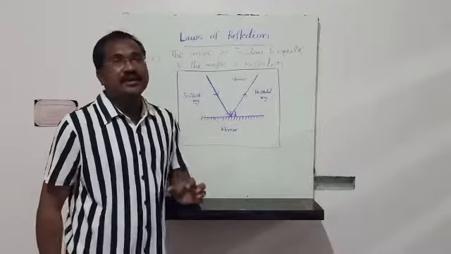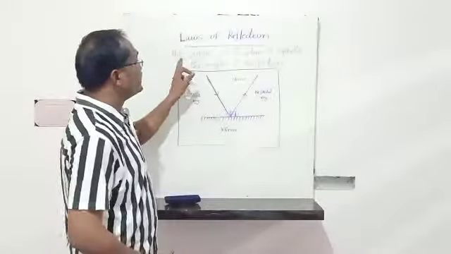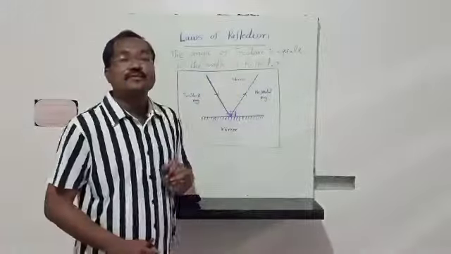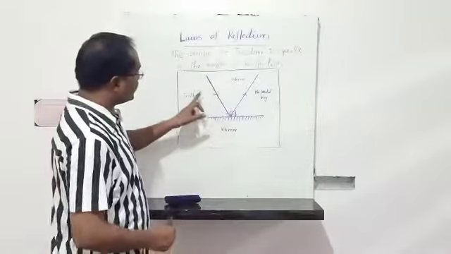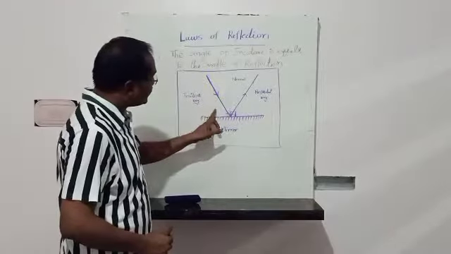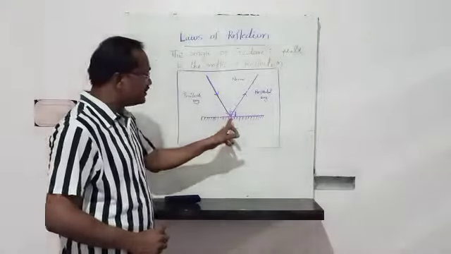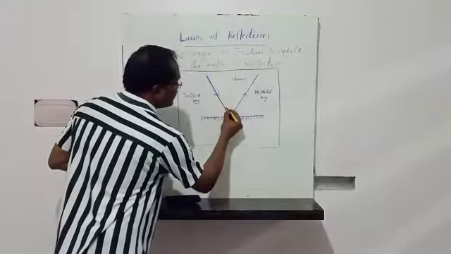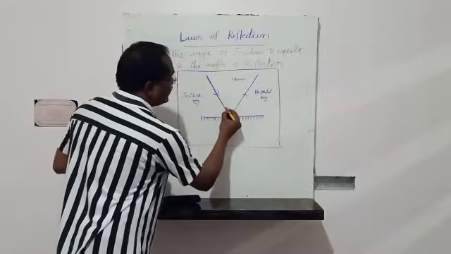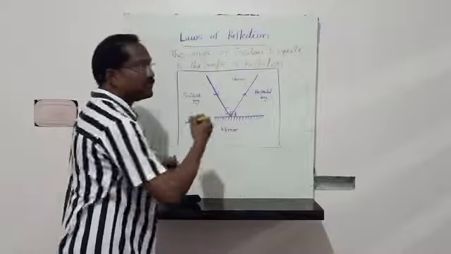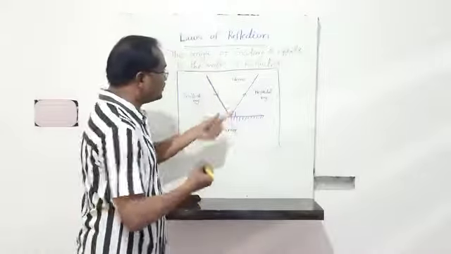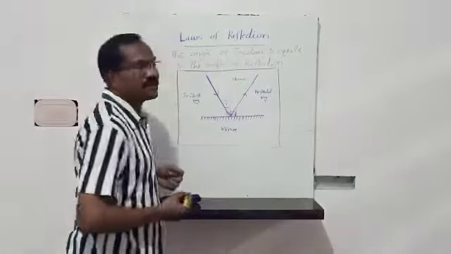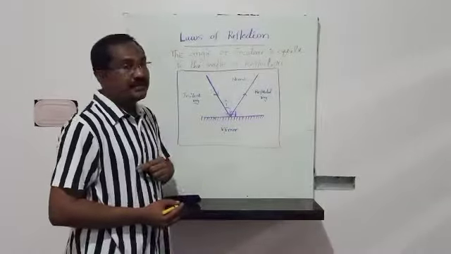Now the second law of reflection is that the angle of incidence is equal to the angle of reflection. Look, this is an incidence ray we are sending to the mirror. The angle at the point of incidence to the normal, let me take it as I, is the incidence angle.